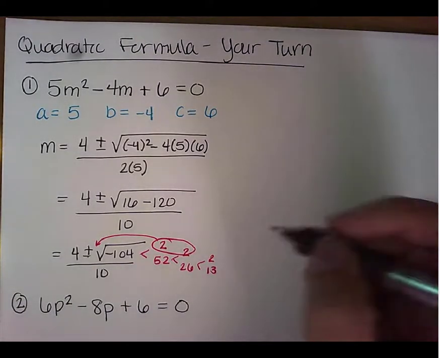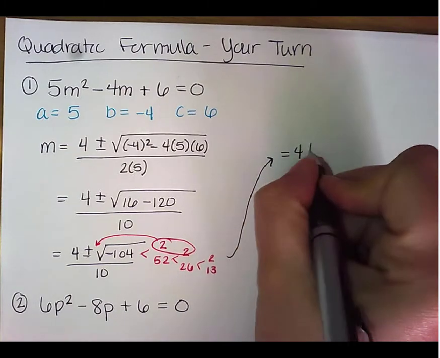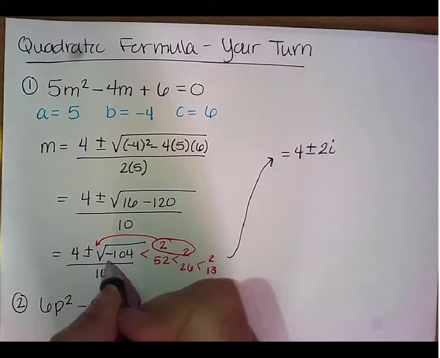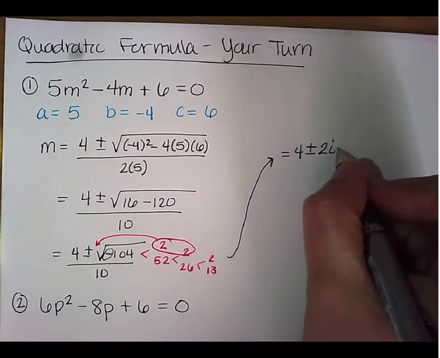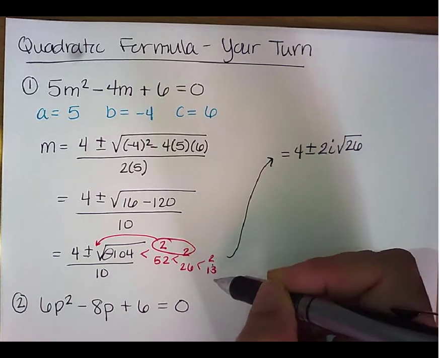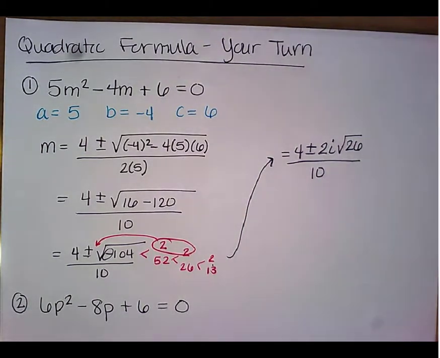And that is going to give us, come back up here, 4 plus or minus 2i. Remember the i comes from the fact that this was a -104. Square root of 26, which we got from multiplying our 2 and our 13 back together, over 10.